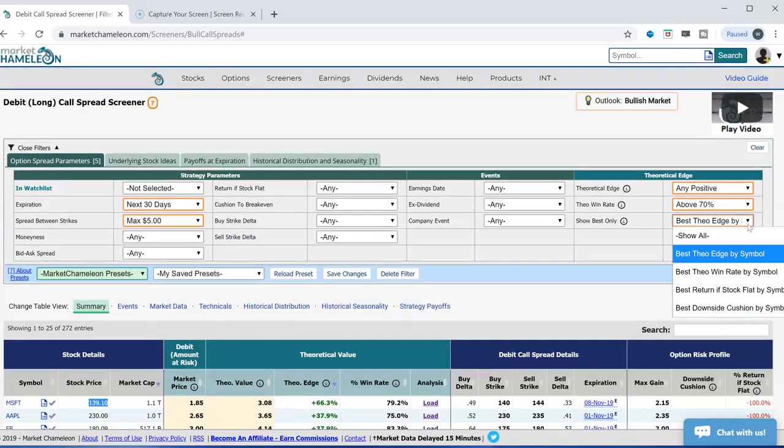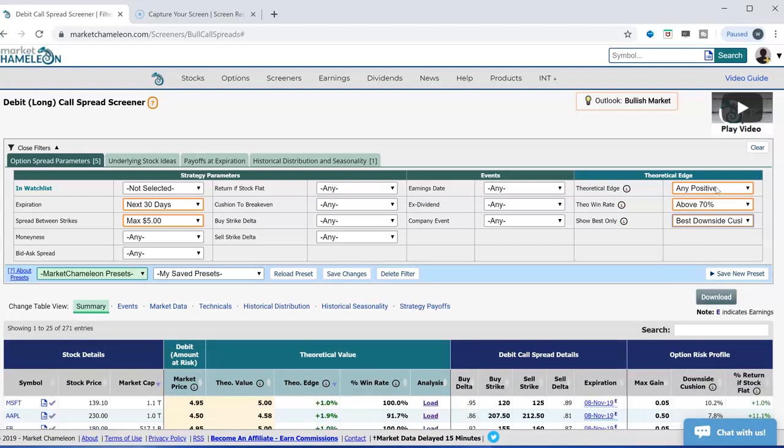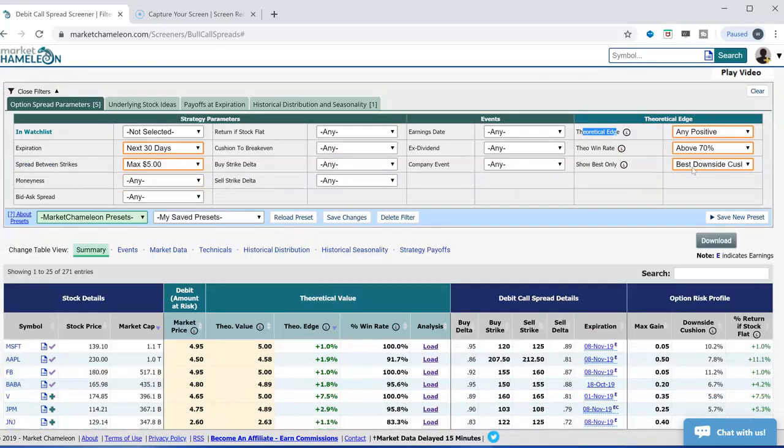What we want to see is what is the best downside cushion given these other parameters. So 70% win rate, I want my theoretical edge to be any positive amount, even by 1%. And what is my best downside cushion? So over here, Microsoft, the November 8th, the 120, 125 call spread. So you see the stock is 139.10.